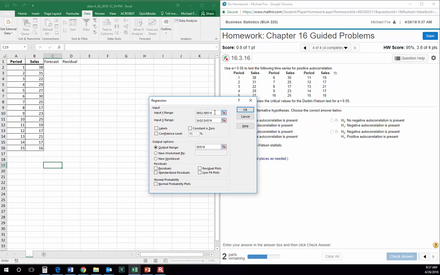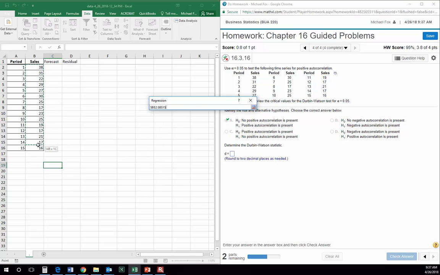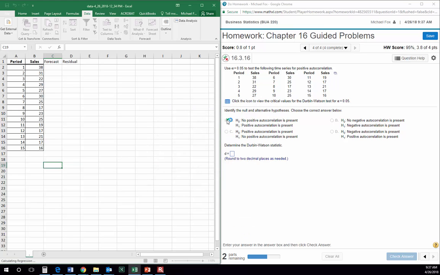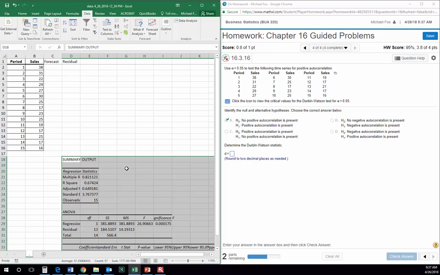And then I'll make sure that my Y data and my X data are properly highlighted. And I'll tell it where I want to output it. And we'll hit OK. And then there will be our output.